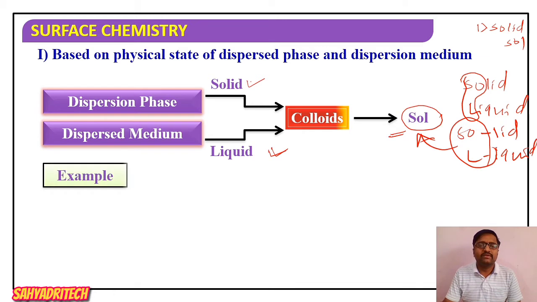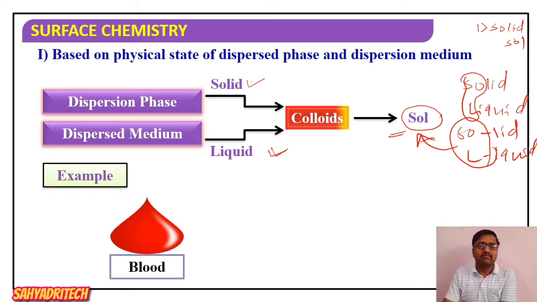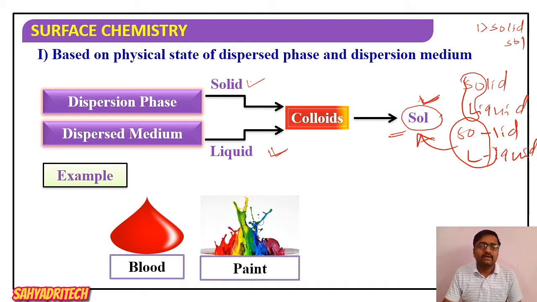An example for sol is blood. We used to call blood a sol itself, and all paints are examples for a sol type of colloidal system. Blood, whether of humans or any kind of animal, is an example for a sol type of colloidal system.